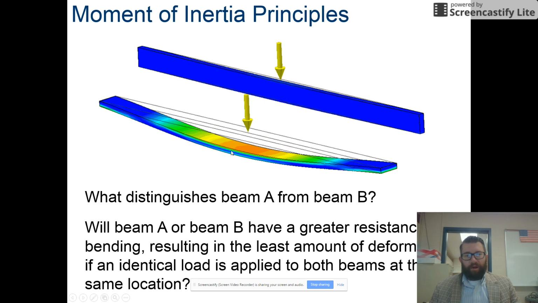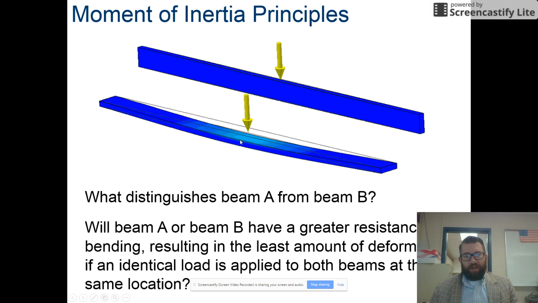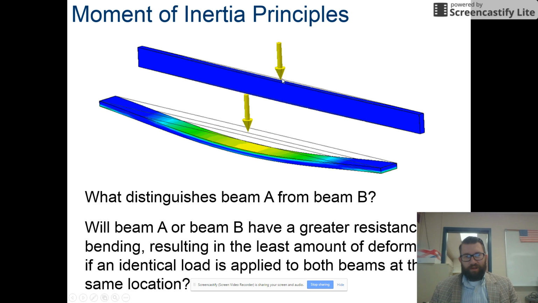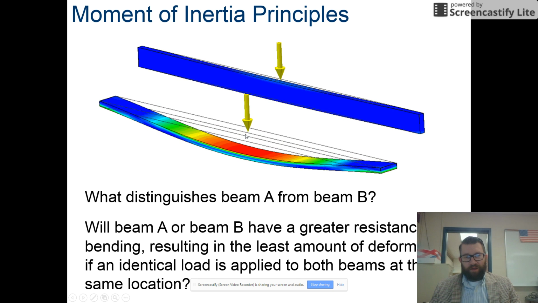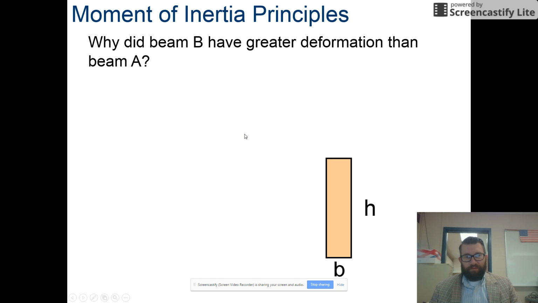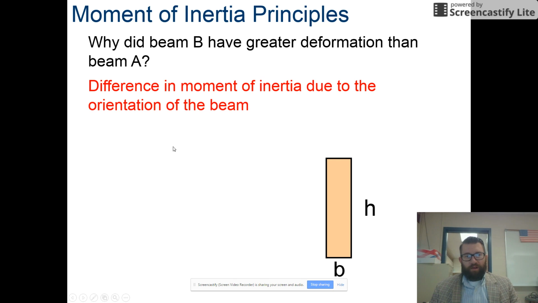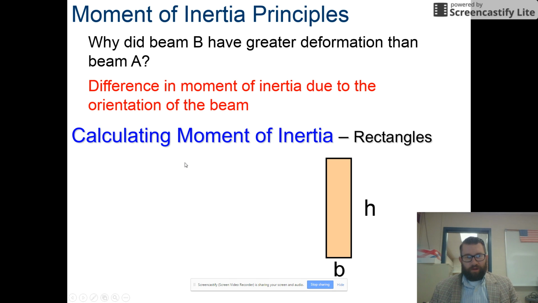So beam A is going to have a greater resistance to bending than beam B. All right, so why did beam B have a greater deformation than beam A? Well, it has to do again with the orientation. So you have a very different moment of inertia, as we'll see.